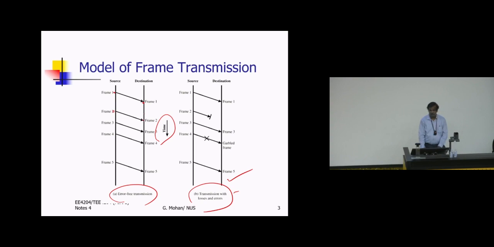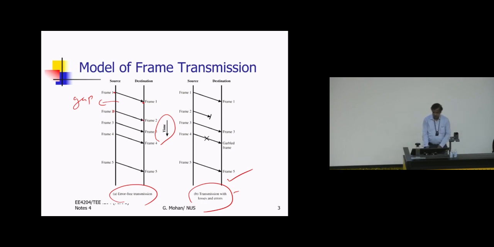Note that frames may be sent continuously or there can be some gap between them. It may be because of the protocol or because at the sender side, there's no frame available to be transmitted. Of course, when we derive some simple expressions, we will assume that the sender has a sufficient number of frames to transmit.